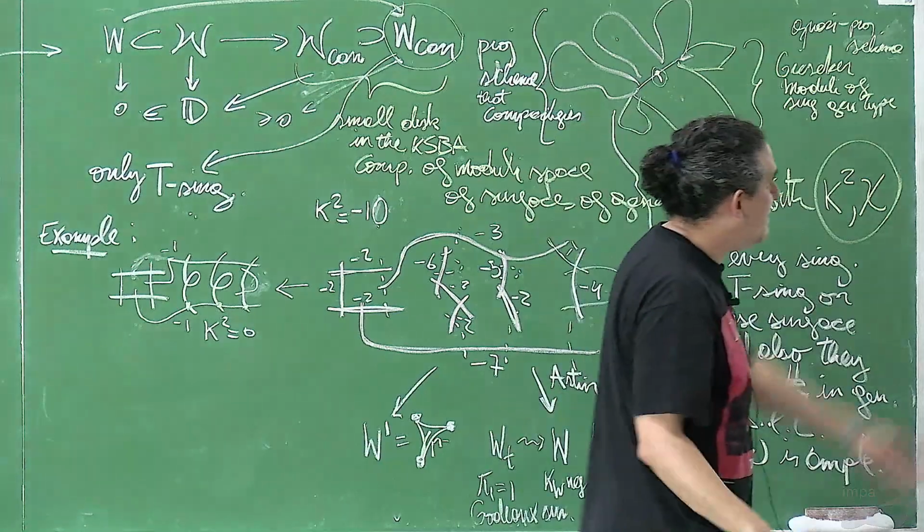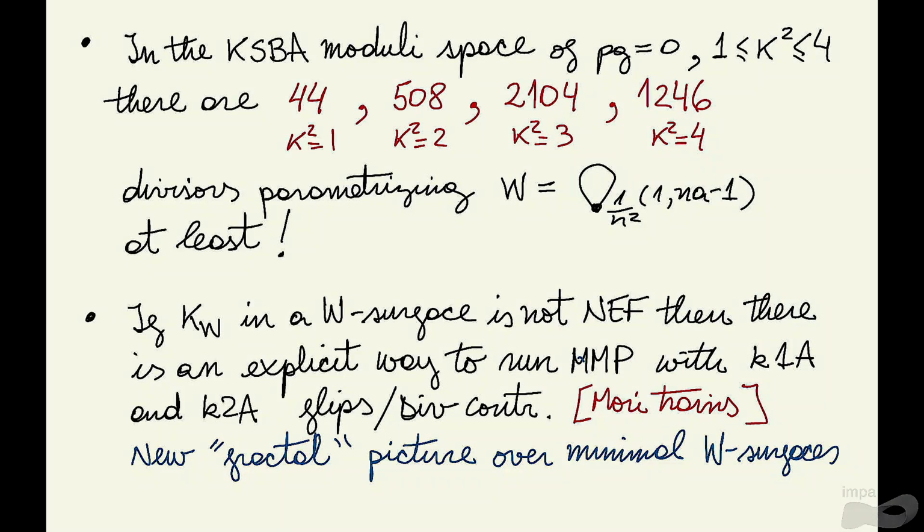And so you can think about this number, for example, 2,104 for K squared equals 3, as 2,104 boundary divisors, at least. Maybe you have more. And what is the problem to analyze the situation is that typically all of these surfaces that appear here are rational. And I told you that rational is the hardest case.